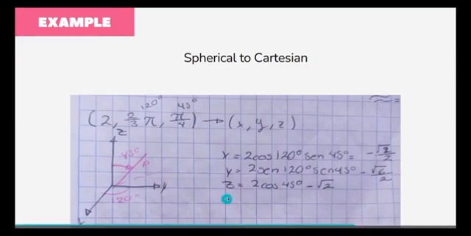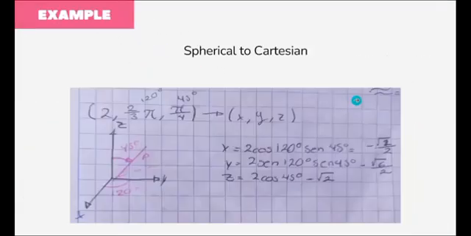Z is equal to 2 cosine of 45, is equal to root of 2. Next.